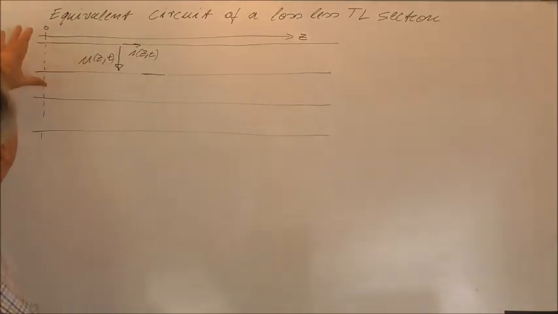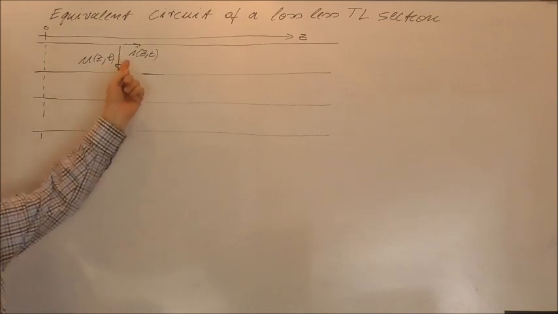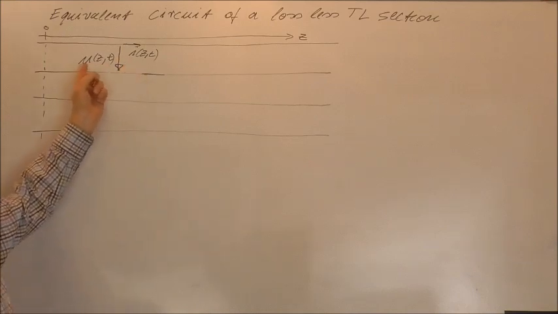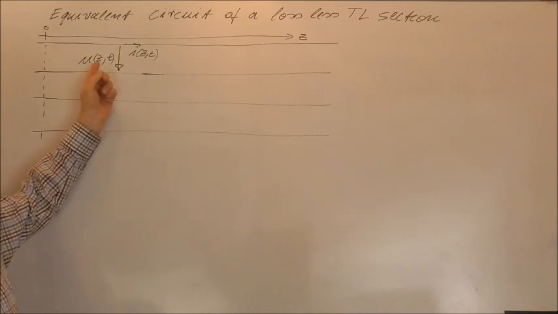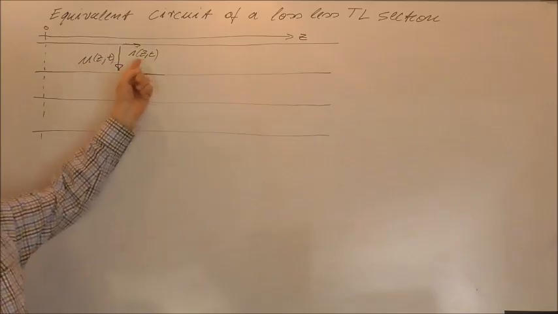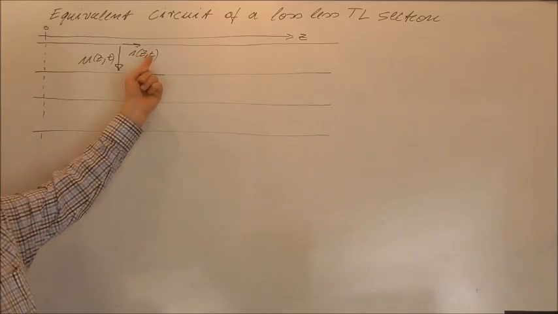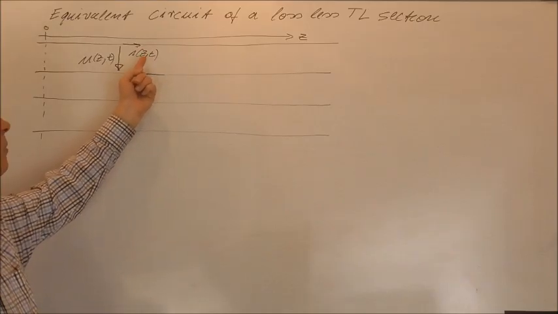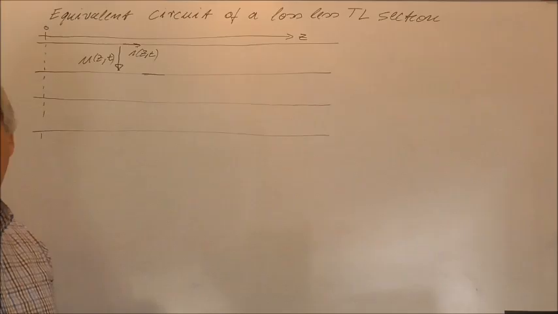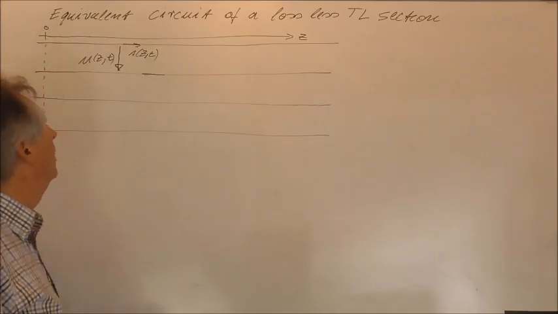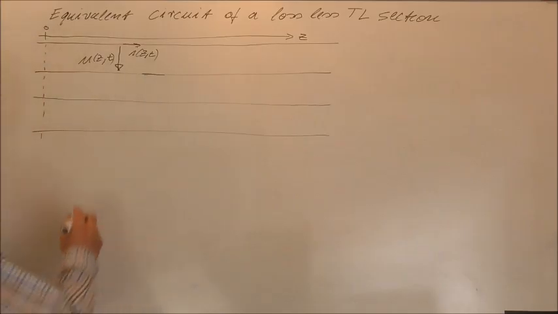What I did here, I sketched again our transmission line, and we started to describe our transmission line with arbitrary time functions, which are also functions of the space coordinates. Then we use phasor notation, and we assume that now the functions are not arbitrary functions of the time, but sinusoidal functions.